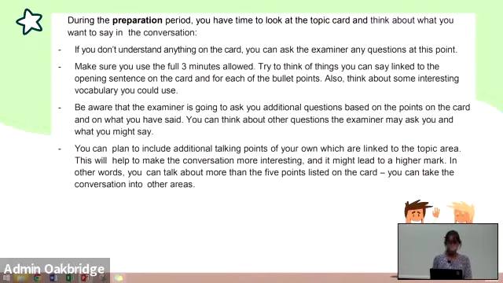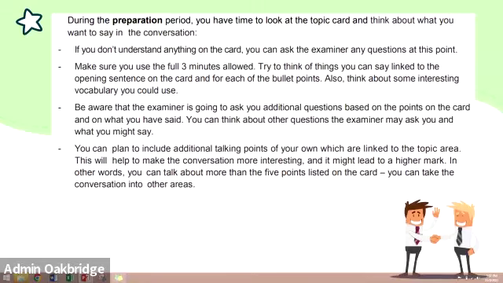Number 3, be aware that the examiner is going to ask you additional questions based on the points on the card. They will ask you extra questions, not only on what is on the card, not the prompts only. So you can think about other questions that the examiner may ask you.